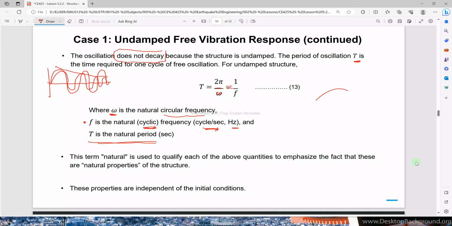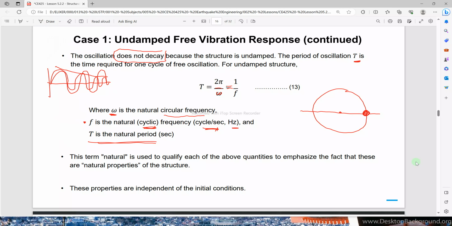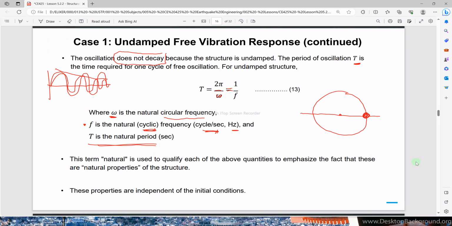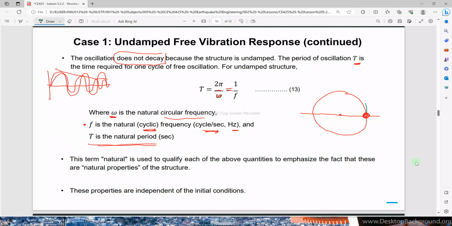So let's say I have a circle here, and this is the starting position. If we travel around the circle, a complete cycle is from the starting point back to the same point. So this is one complete cycle.